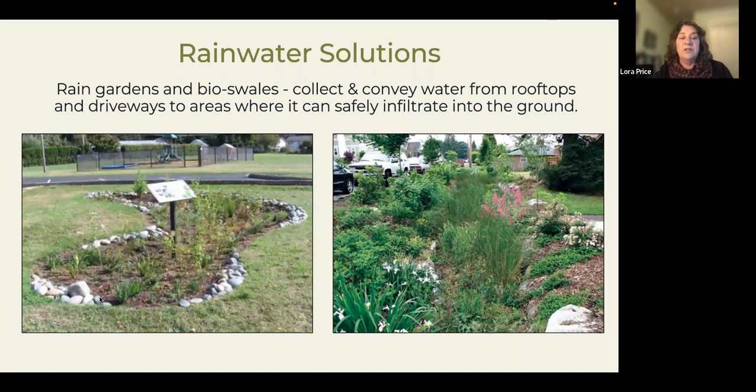It's coming into this rain garden, which is essentially a very shallow, depressed area that can hold the water. So all of the water is coming off the roof and it's flowing into this rain garden. And it's designed to just fill up to the brim, and then it will drain. That way it has about a day to drain into the ground.